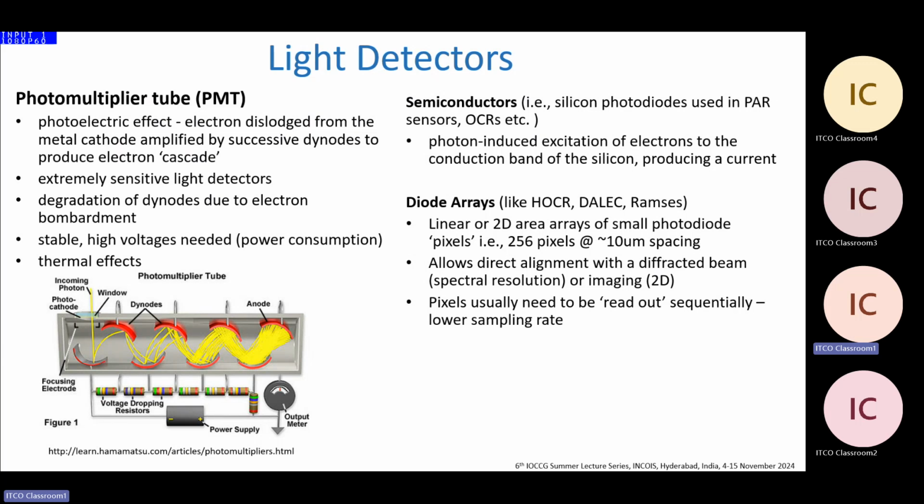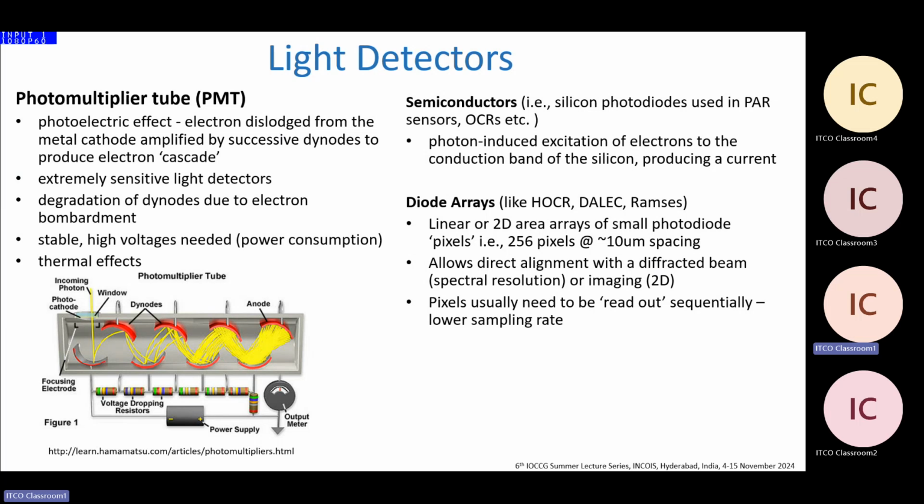They apply a big potential difference across them, and we get a cascade effect where one electron becomes multiple electrons across the tube. So these are very, very sensitive, and they're still widely in use today for very sensitive light measurement systems.